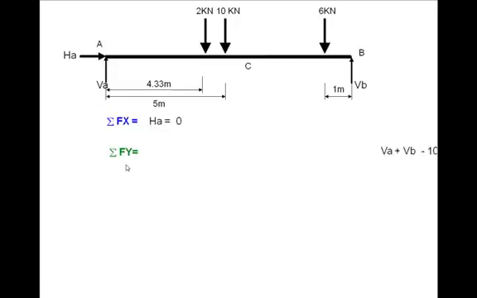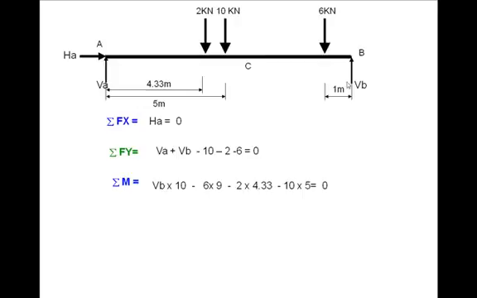Sigma Fy = 0 goes like this: VA plus VB minus 10, 2 and 6. And for sigma M, I'm taking again moment about A. Sigma M equal to 0 tells me VB into the whole distance 10, then 6 into this distance 9, and 2 into this distance 4.33, and 10 into distance 5.